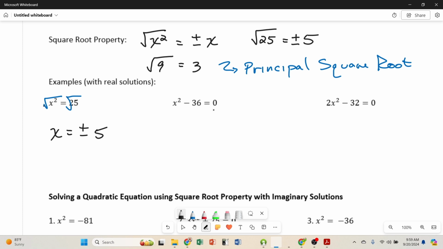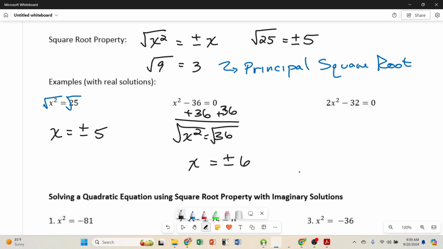Over here, I can add 36 to each side, and I end up with x squared equals 36. So if I use the square root property, I end up with x equal to positive and negative 6.